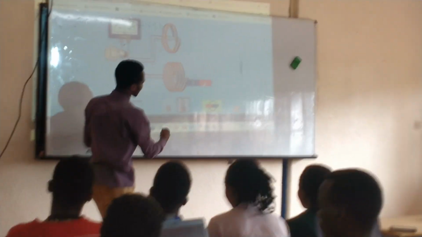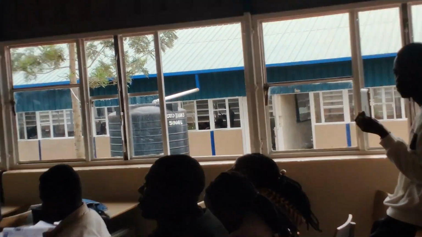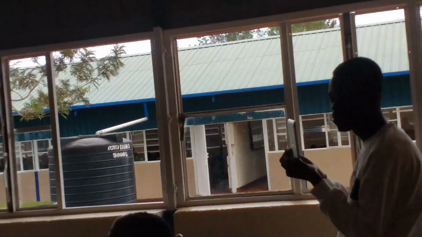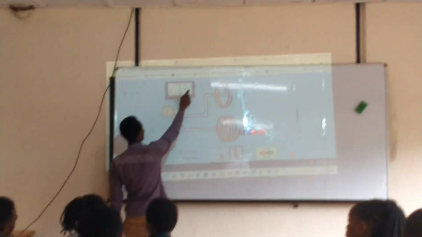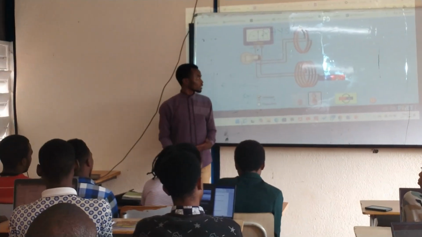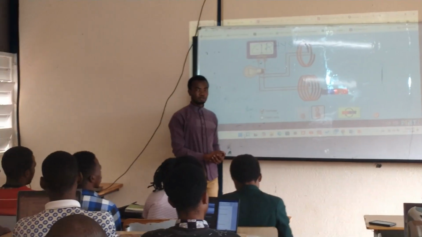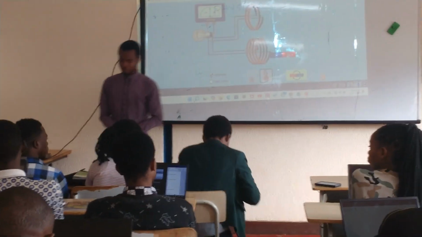If we swap the poles of the magnet, the needle of that voltmeter will move from right to left. I can stop here, and the next member of the group is going to continue. Thank you.